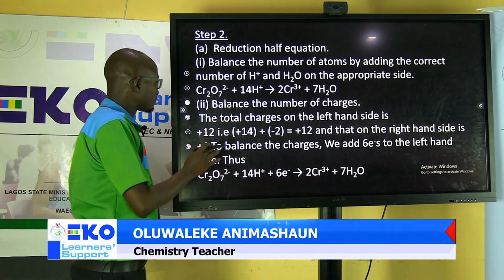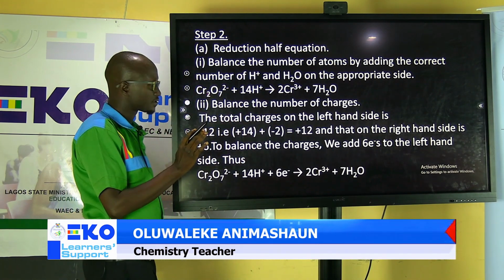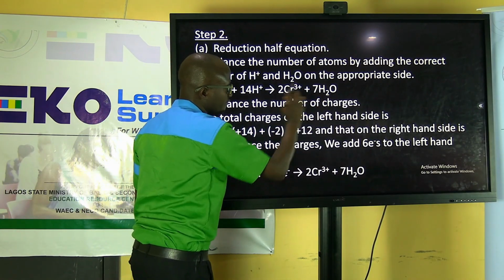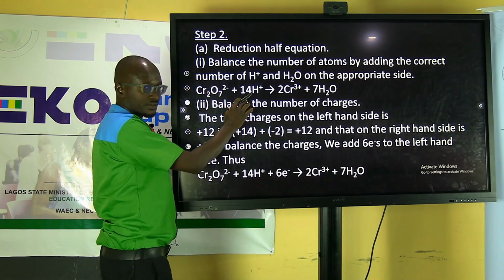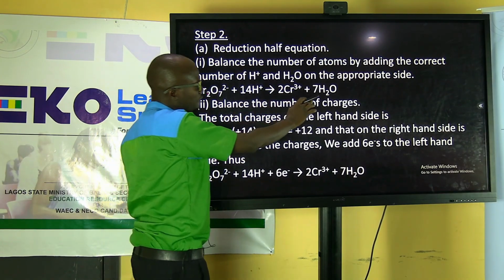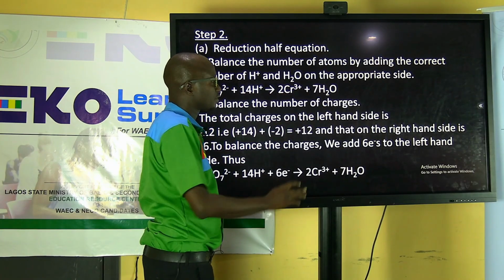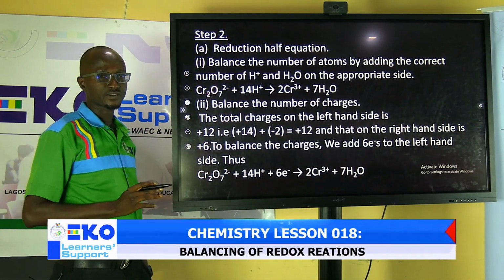We have 2 chromium here and 2 chromium here. Chromium is balanced. We have 7 oxygen here and 7 oxygen here. Oxygen is balanced. We have 14 hydrogen atoms here and 14 hydrogen atoms here. I believe you don't understand how I got 14. 7 times 2 is 14. So hydrogen is also what? Balanced. So atom-wise, it is balanced.